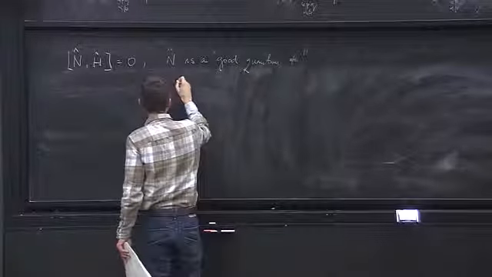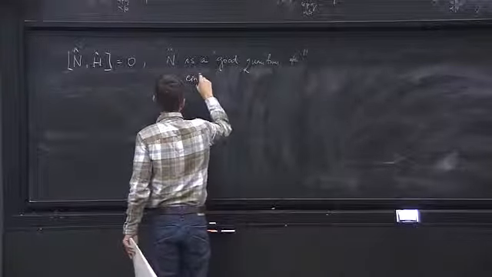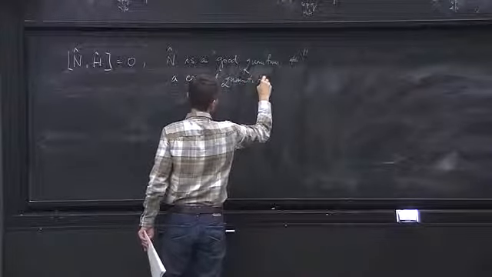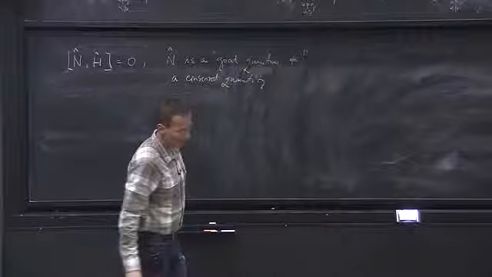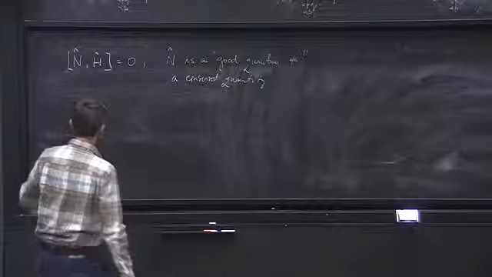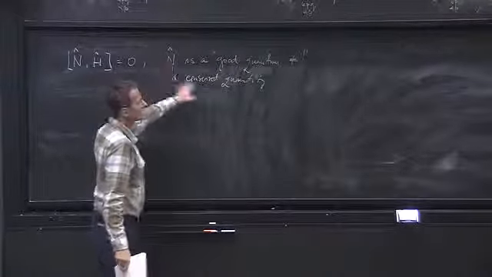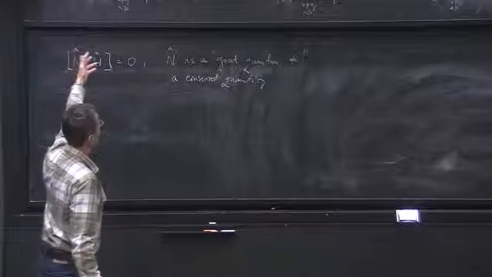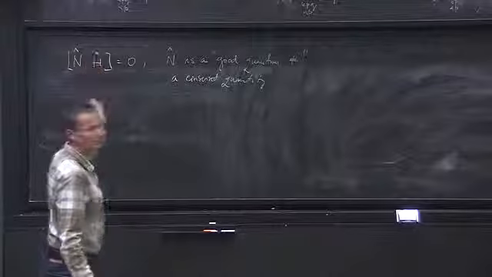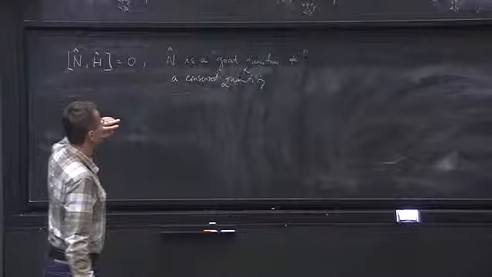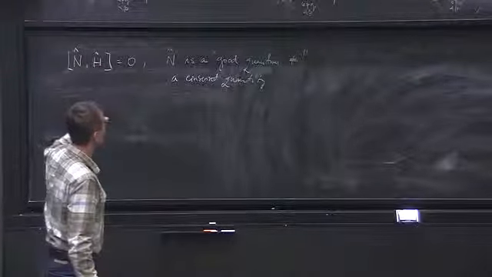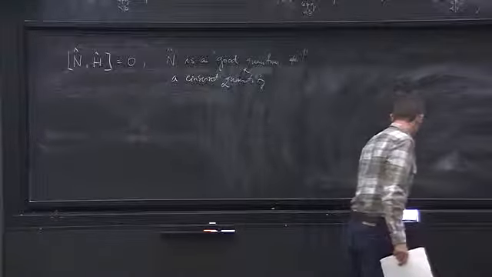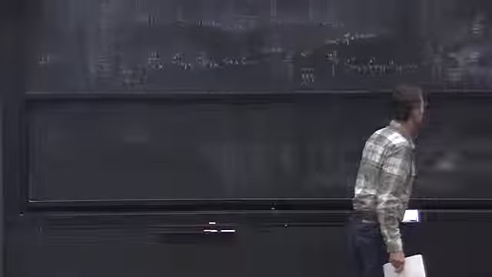Or you can call it a conserved quantity. To see this, well, one can either formally perform that commutator, which is not a difficult thing to do, but I will not do that here in class.